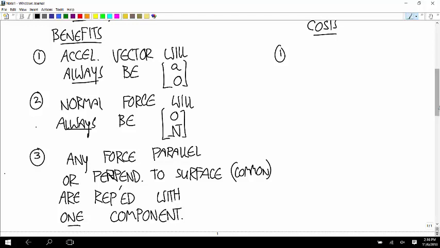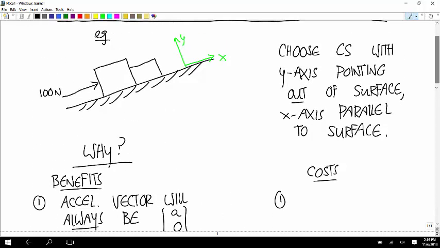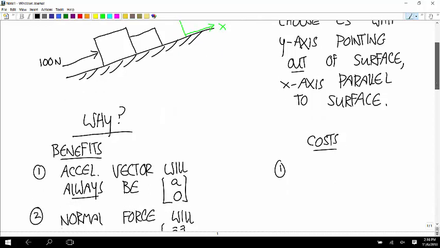But now, in this rotated coordinate system, if the weight force is going down like this, now we have to represent that vector in a coordinate system at a funky angle. And so we have to use cosine and sine to represent the weight force. And so for each individual problem, we're going to have to calculate some angle, figure out some angle for the weight force. That's sort of a pain, but it doesn't undo all the good stuff that happens. And that's why overall, we're going to be better off with this rotated coordinate system.